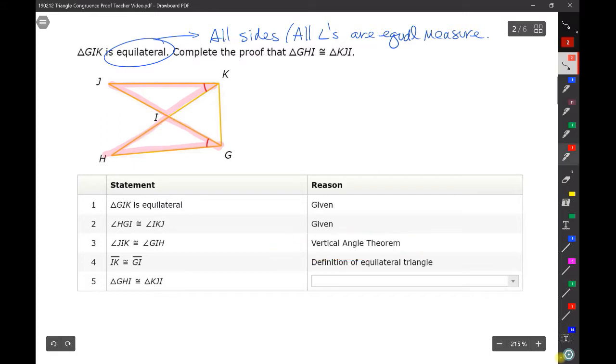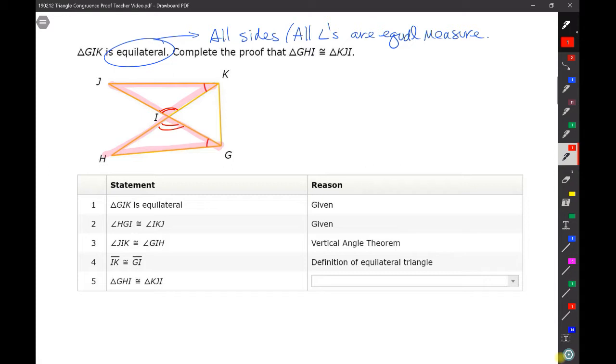So if you're making these drawings on your whiteboards or paper, we can mark in a couple of congruency marks here. Now you can begin to see we've got two angles already, so we're probably going to lean towards either angle, angle, side, or angle, side, angle. It's not going to be side, side, side, since we don't have any side information.